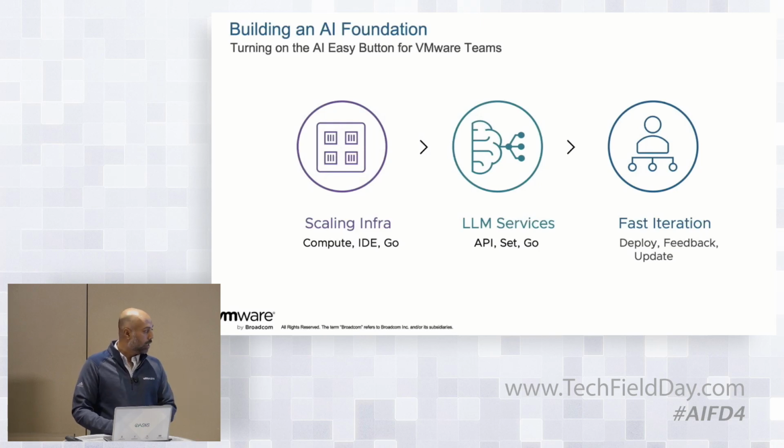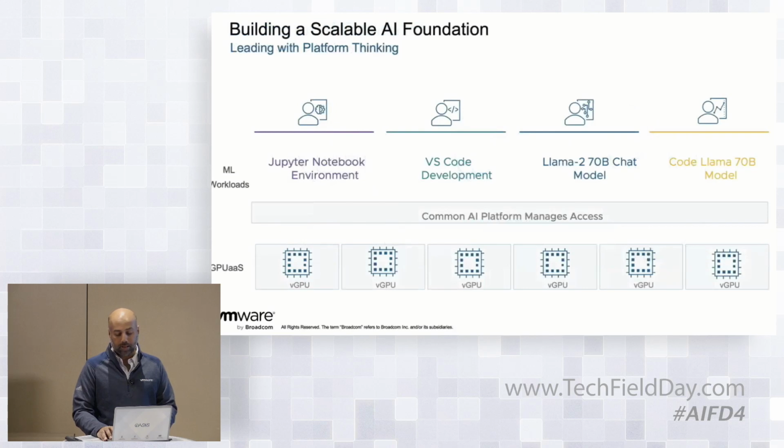So we've built a service where we host a lot of these large language models, and we provide access to them so that they can get started. And we do this in a very iterative fashion where we add new capabilities to the platform. We have to anticipate that as new models come out, there's going to be demand for them from our customer base.